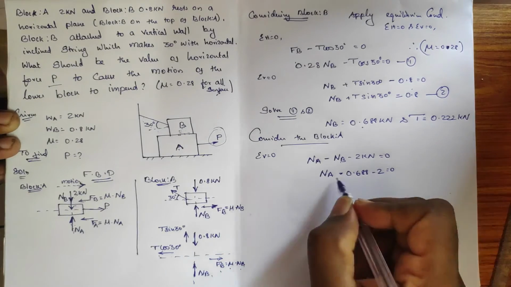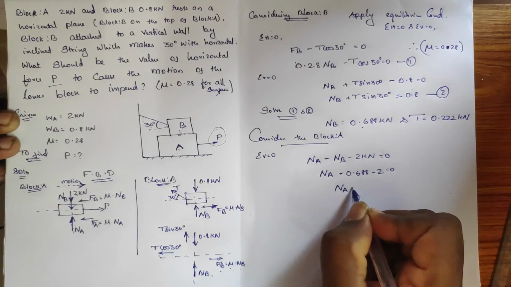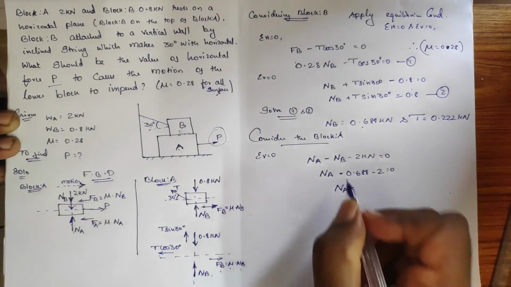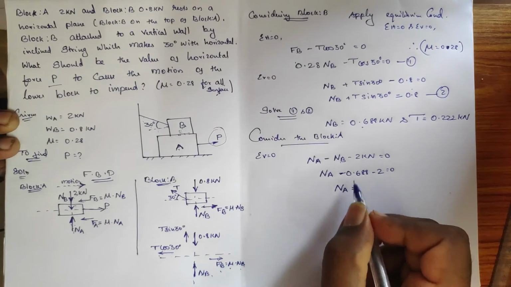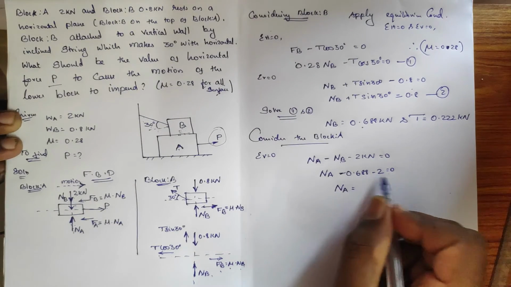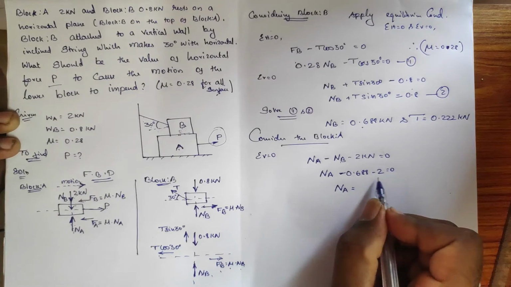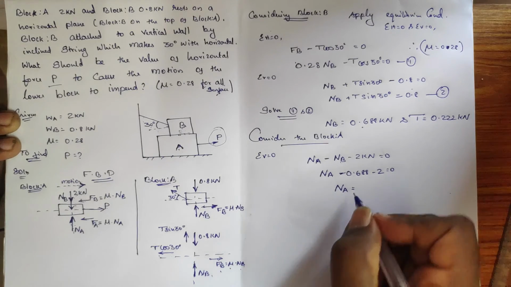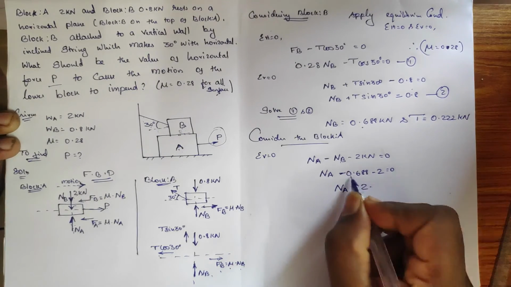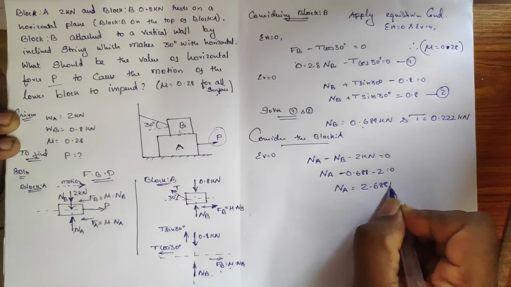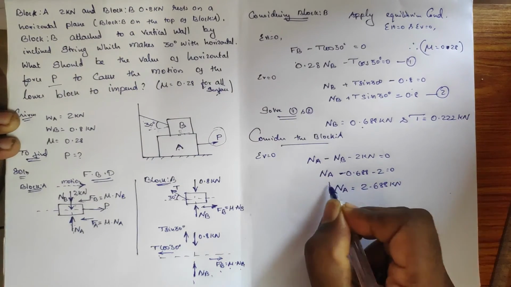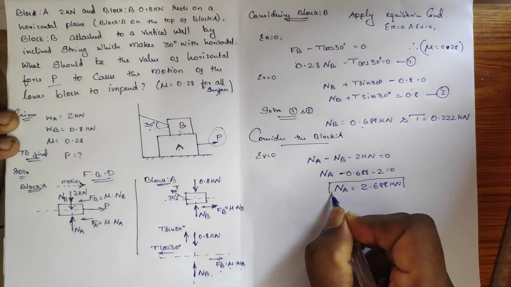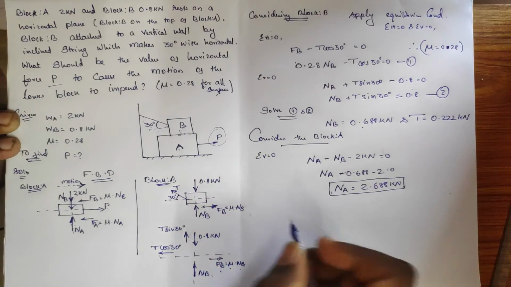So here NA answer we can take it off. When you bring it to the next side, both will be positive sign. When you add it, we get 2.688 kilonewton. Okay, so this will be the answer.